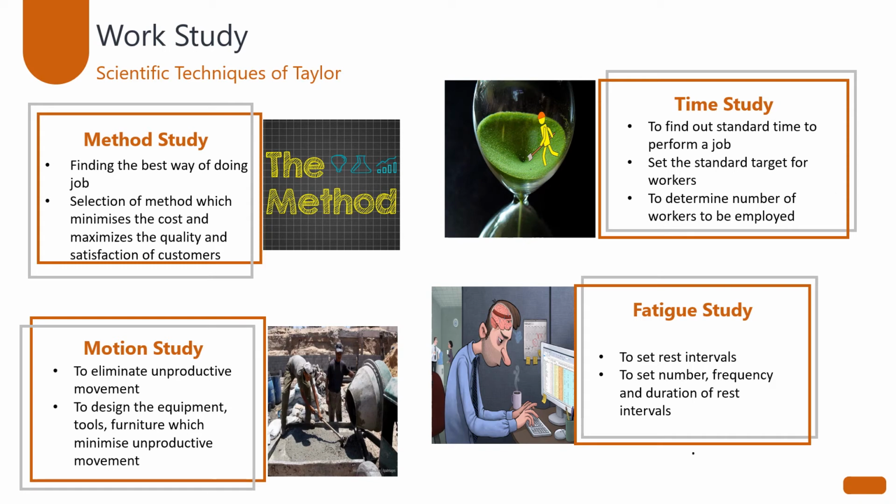Assuming that this worker will work for 8 hours in a day and deducting 1 hour for rest and lunch, in 7 hours he can prepare 2100 pens. So through this time study we can reach the conclusion that this is the standard task which a worker can perform, and the wages can be decided accordingly.